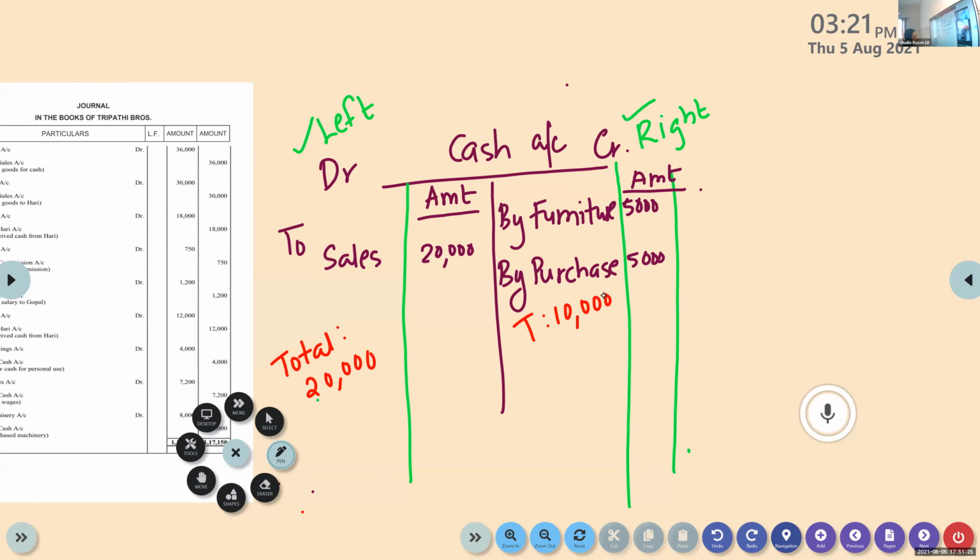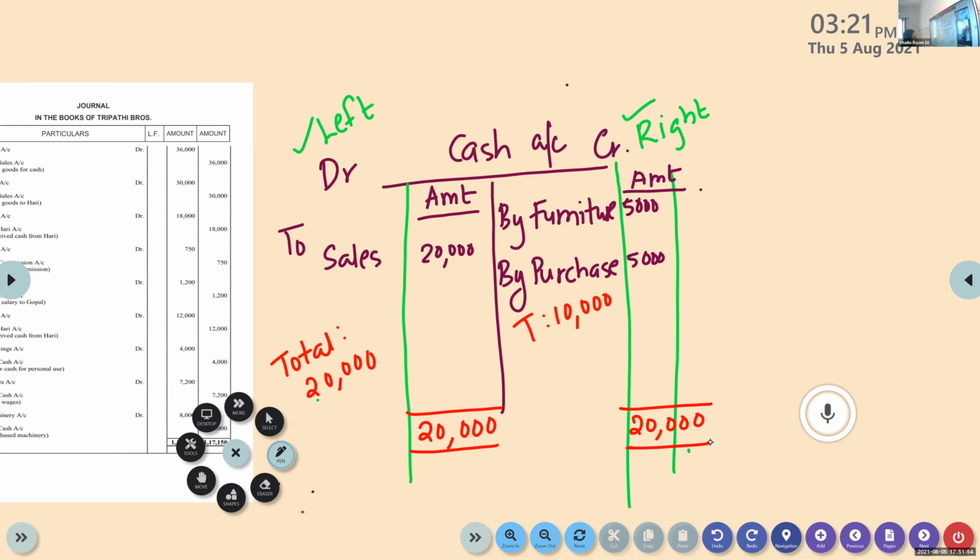Now, find out the totals of both the amount columns. Then whichever is higher. Which is higher here? 20,000 or 10,000? 20,000 is a bigger number. So that amount, we will write it like this on both amount columns, 20,000, 20,000.